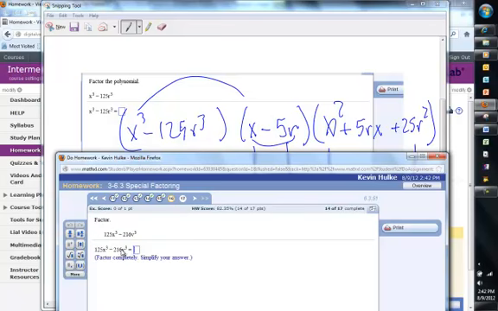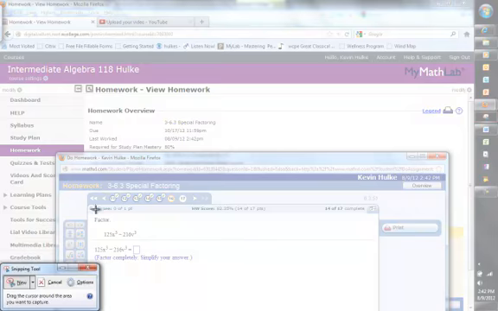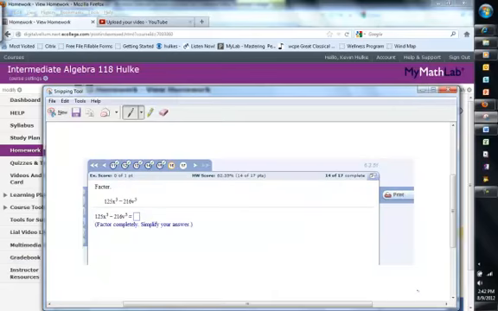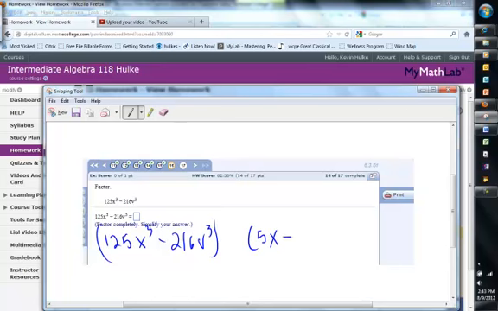16. Another perfect square. Well, if nothing else, we'll get plenty of practice on perfect squares, won't we? 125 x to the third minus 216 b to the third. Cube root of 125 is 5, or cube root of x cubed, minus cube root of 216 is 6v. Square the first thing, 25x squared. Square the last thing, 36v squared.